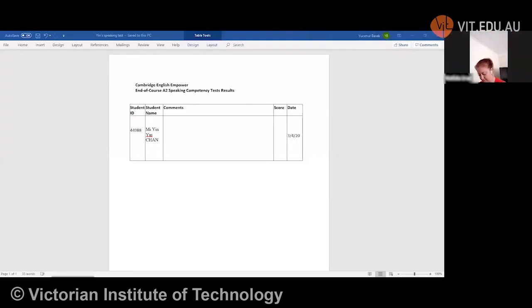Good, then better. No, better is comparative. Now we're doing superlatives. Another one, I'll show you. Good and bad. Can you see it here? Again, you can't see it? Good, the best.